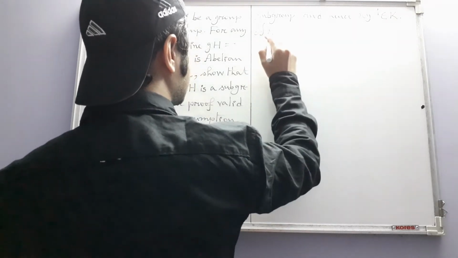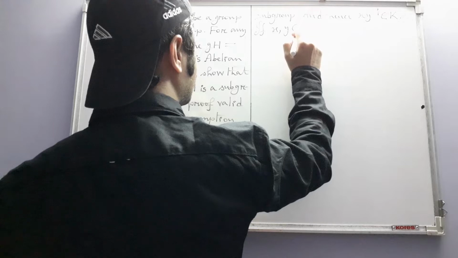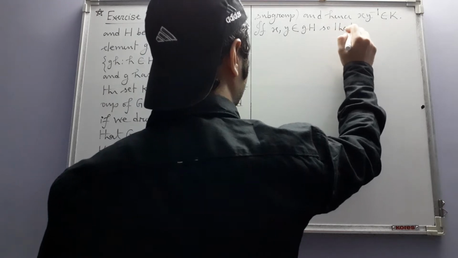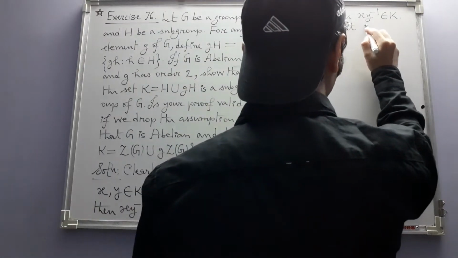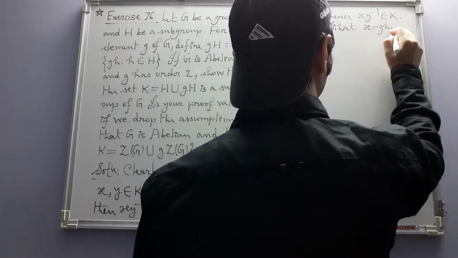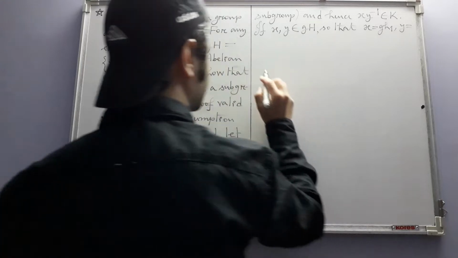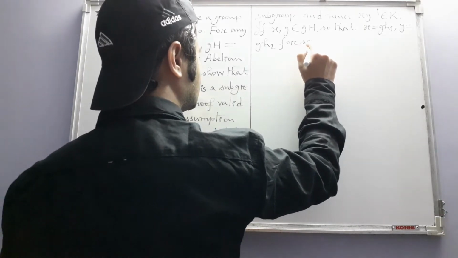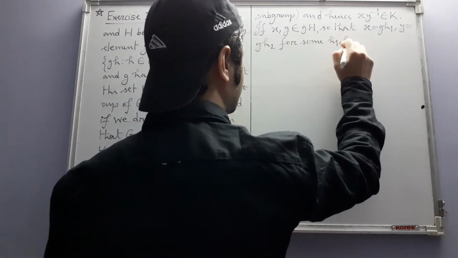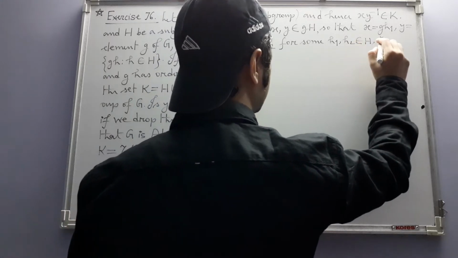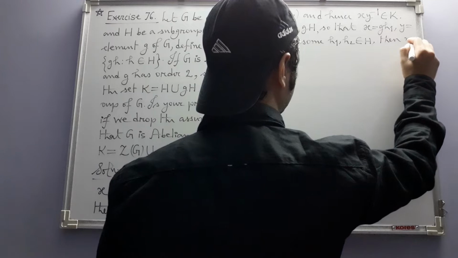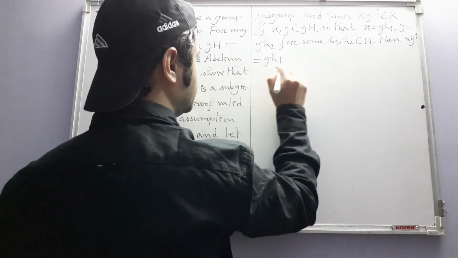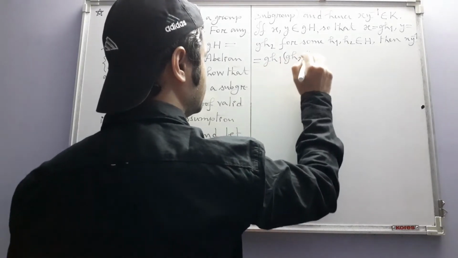The next case is this: if x and y both belong to gH, so that x is equal to gh1 and y is equal to gh2, for some elements h1 and h2 in H, then xy inverse is equal to gh1 (gh2) inverse.